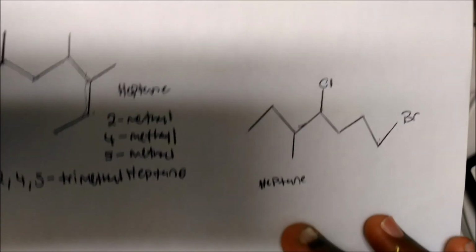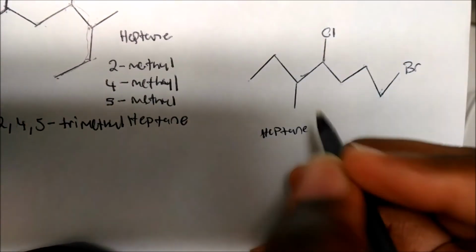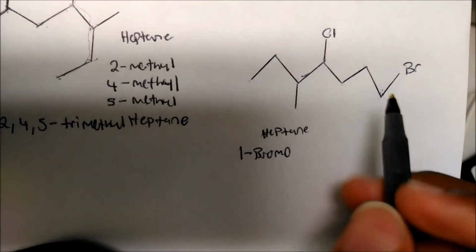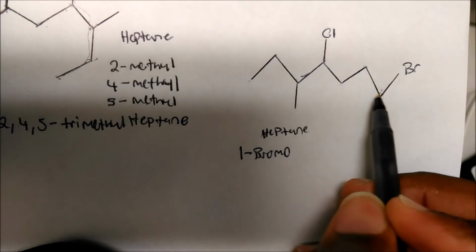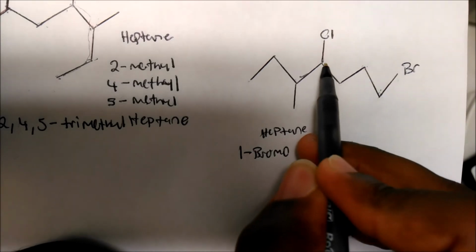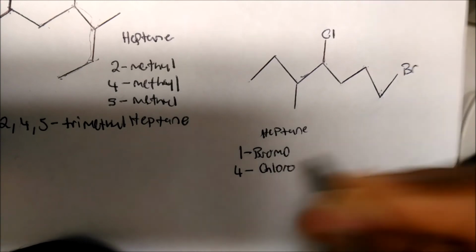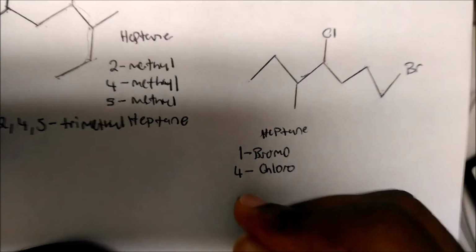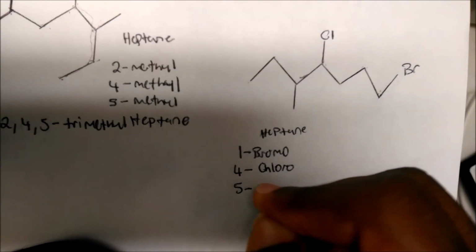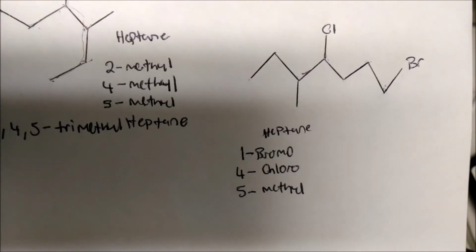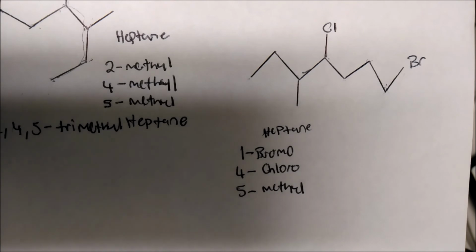So as substituents, I'm going to have 1 bromo. How about the other one? Carbon 1, 2, 3, 4. So I'm going to have 4 dash chloro. On carbon 5, we have a methyl group, which will be 5 dash methyl. So now we have all our substituents.